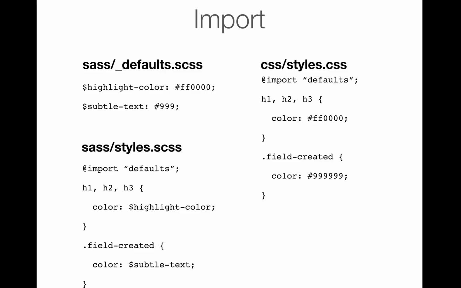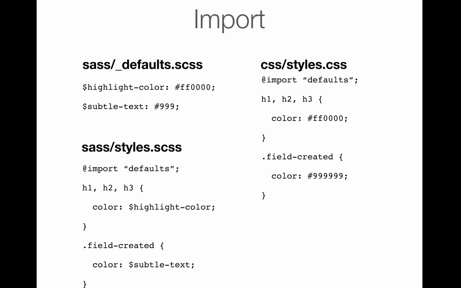The issue you're going to run into is that you don't want to be redefining your variables and your mixins at the top of each SCSS file that you write. So what you'll typically do is have a file where you define a whole bunch of defaults. All of these variables and mixins will be defined there. And then in your other files, you'll just import the defaults.